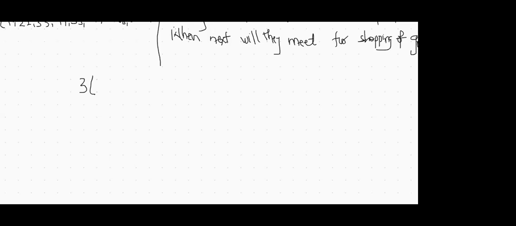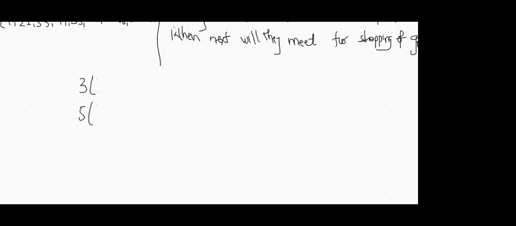Indirectly, the question is also testing: what are the multiples of 3? What are the multiples of 5? What is the LCM? So let's ignore the question and let's solve these multiples.